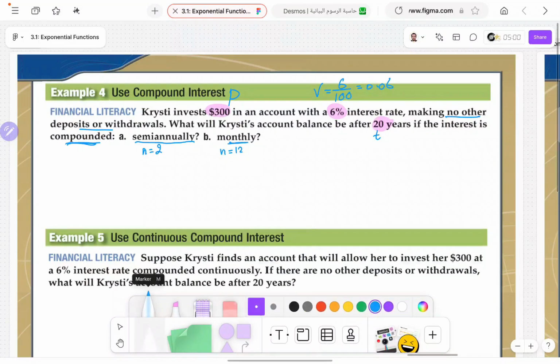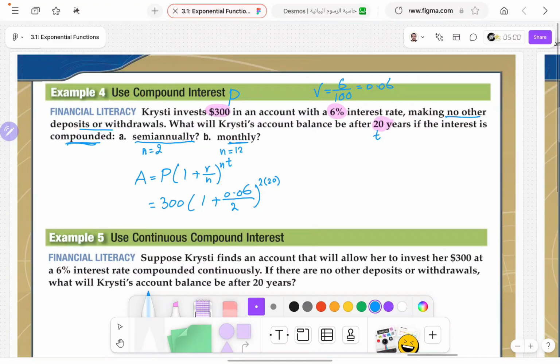The formula is A equals P multiplied by 1 plus R over n, to the power of n times t. Now we have 300 multiplied by 1 plus 0.06 over n, which is 2, to the power of 2 times 20.